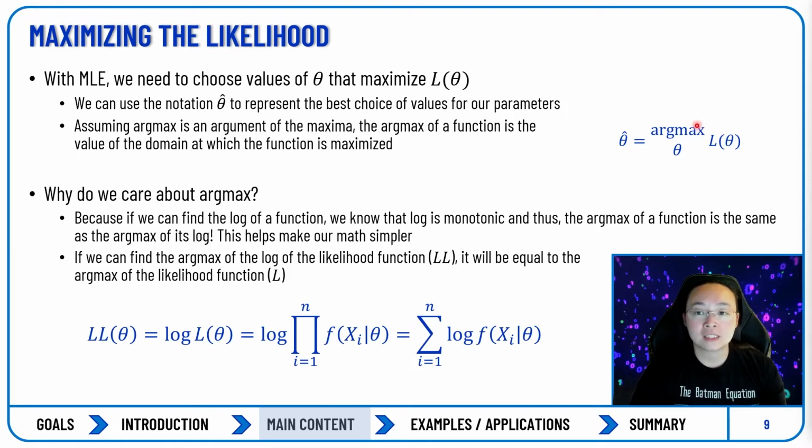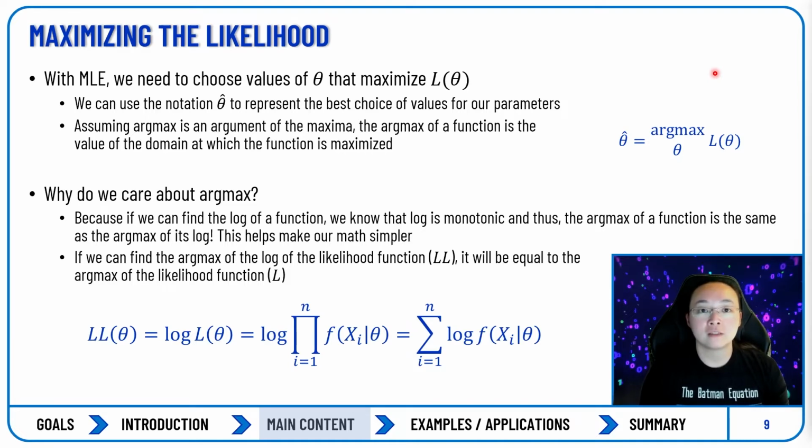Statistically and mathematically, we can write this equation here, which defines theta hat as the argument of the maxima of some function L. That argmax is simply used to represent doing something to find the maximum value of this likelihood, and whatever method you choose to find that maximum value is called argmax. So the argmax of a function is simply the value of the domain at which that function is maximized, however you want to find it. So why do we care about this?